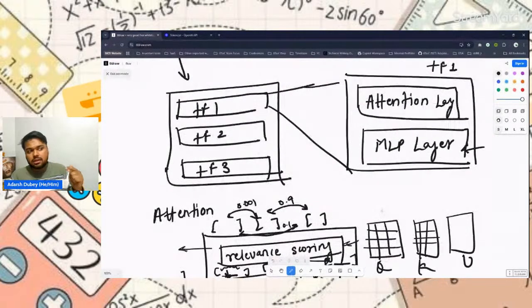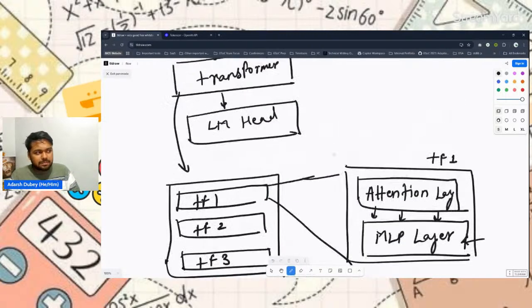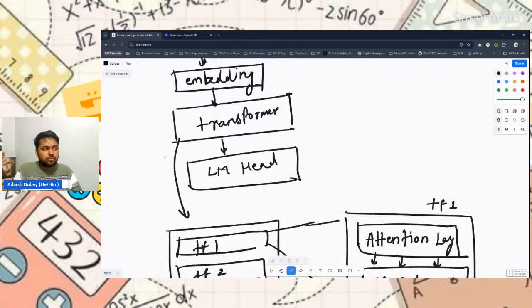Those embeddings then go into the MLP layer, and as you know, the MLP layer actually contains most of the weights, around 60 to 75% of all the weights of the transformer block, and we have already learned about the MLP layer. So at the very basic level, what does the transformer do?